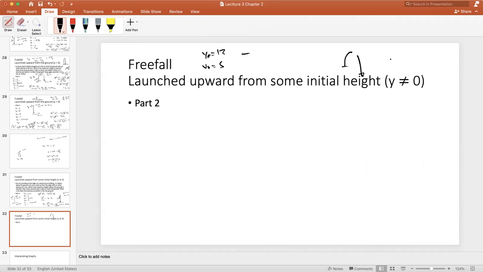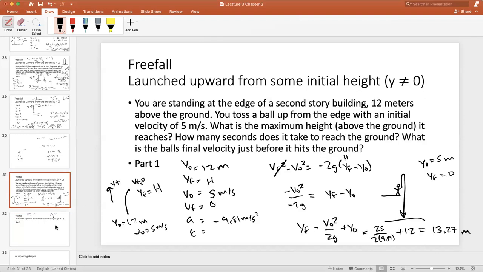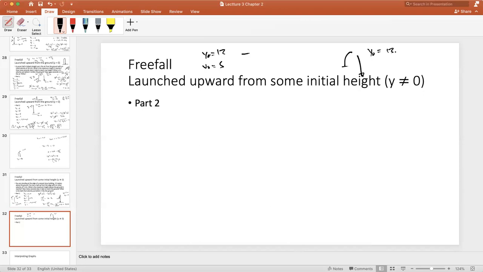That's perfectly valid. And here, y initial would be 13.27 meters, and v initial would be 0 because v final at the top was 0. But I think it's faster to do the whole thing because we're asked for the whole time.